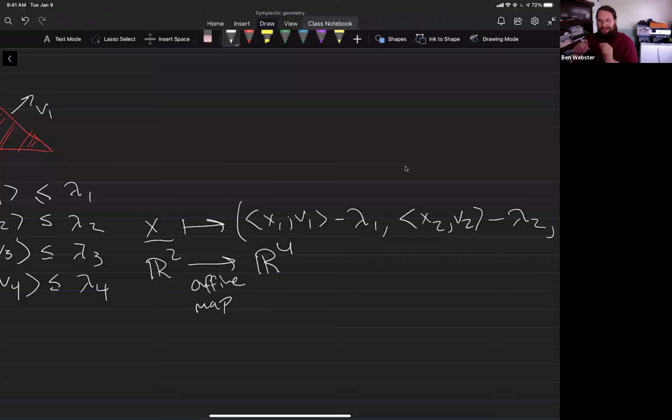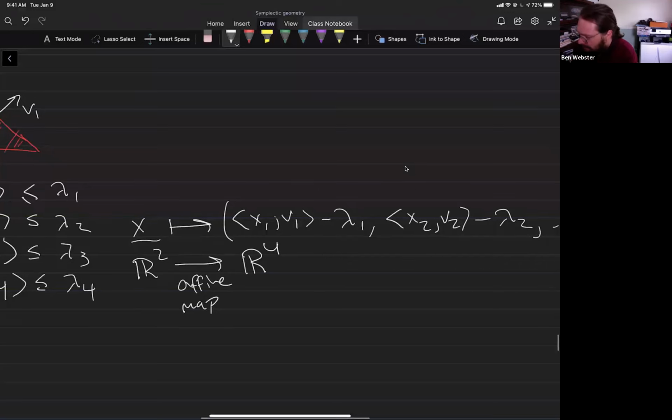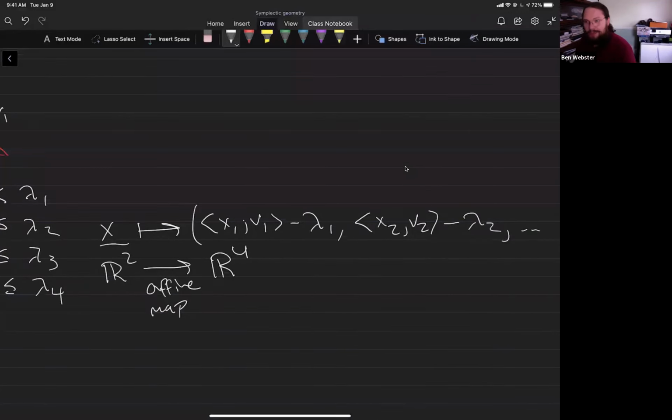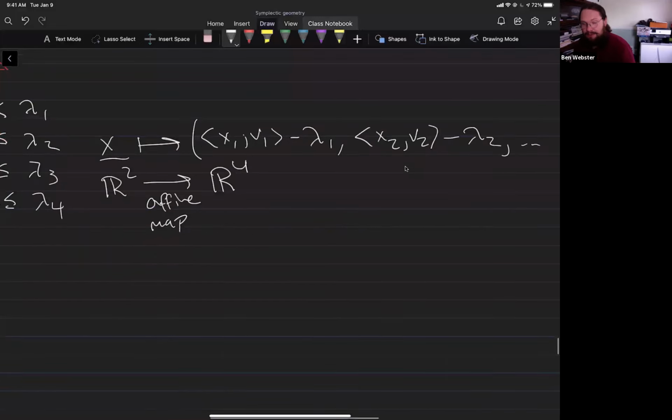Which means if I look at where it sends the origin and subtract that off, it becomes a linear map, but it's not actually a linear map. But its image is an affine subspace, and this is going to exactly send my polytope to the intersection of that affine subspace with this negative orthant.